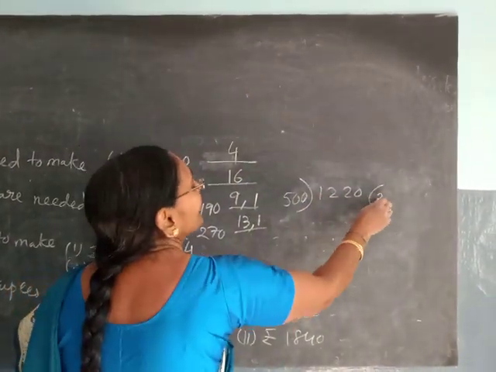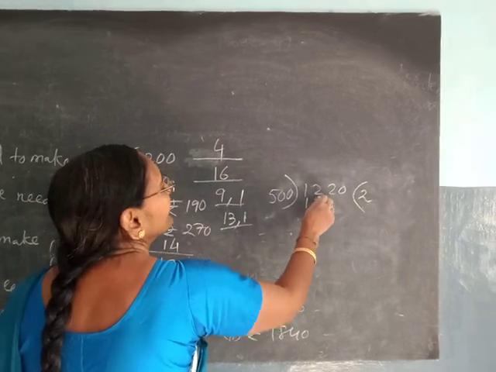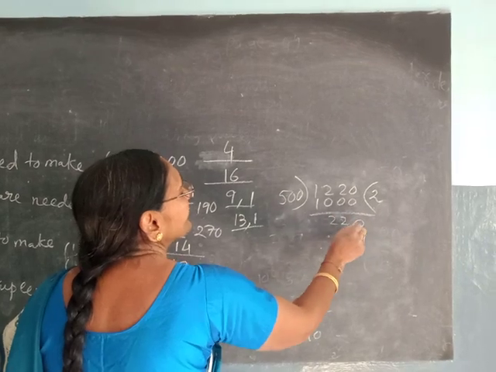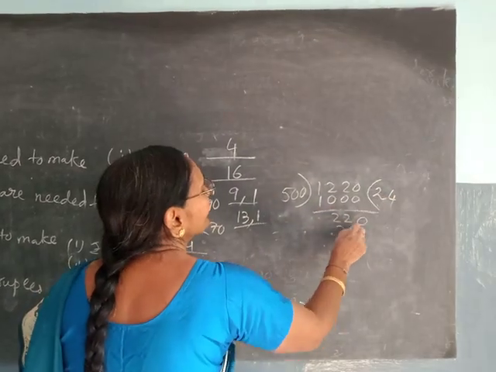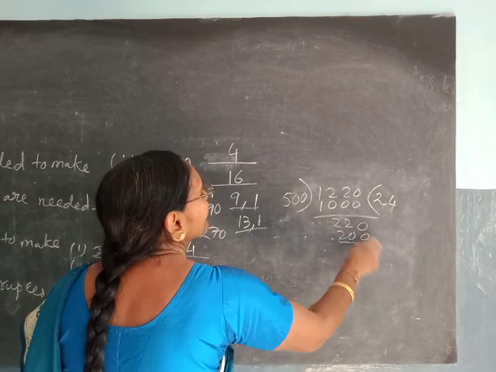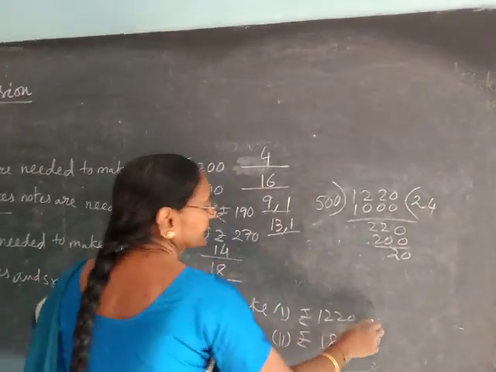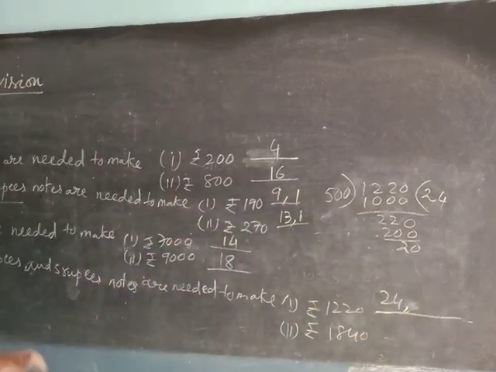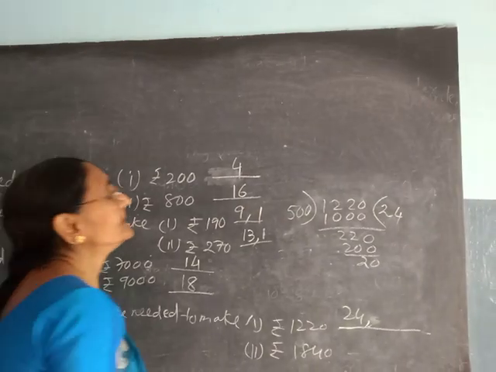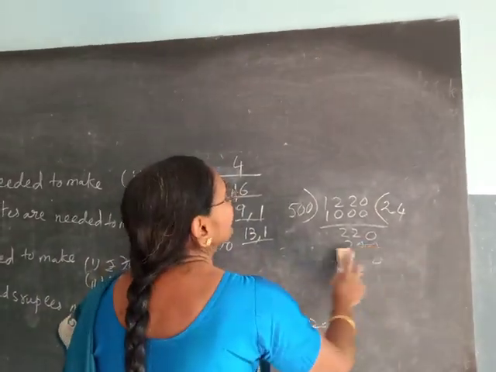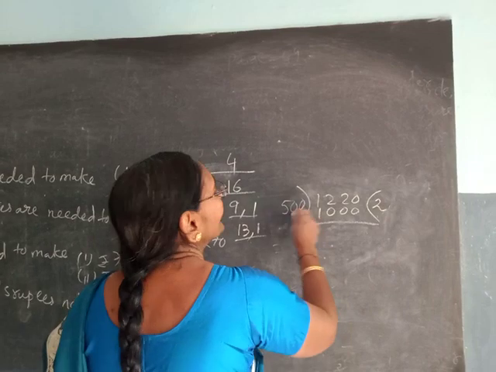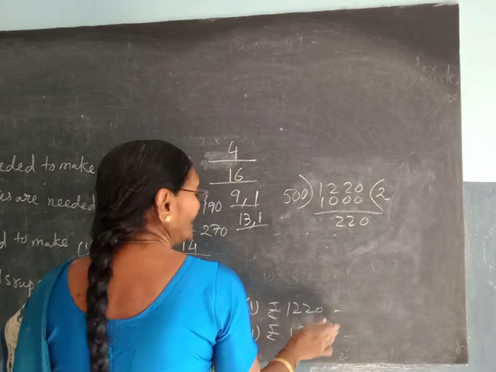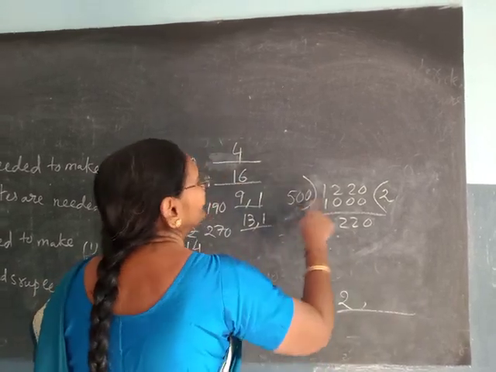You have to divide. 500 2s are 1,000. Then 220 is left. Here 220 is less than 500. So 2 notes of 500 rupees are there.